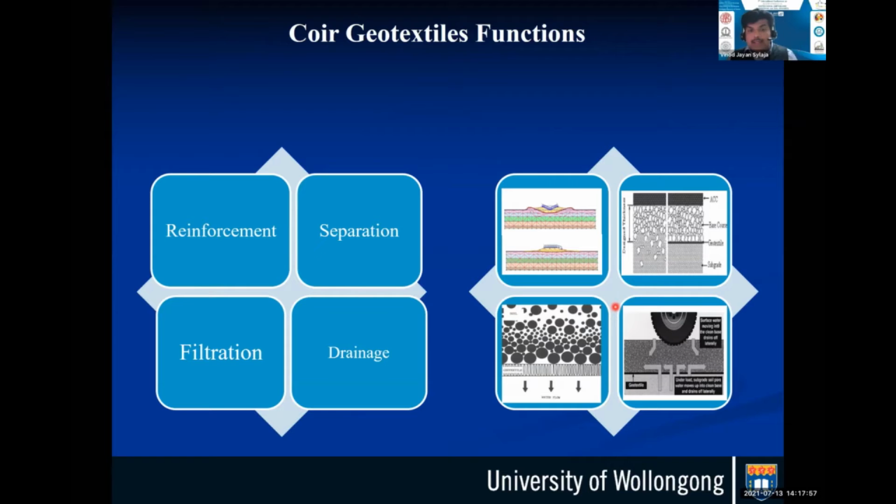You can see that the major function is exactly same as that of the geosynthetic material, like reinforcement. It acts as a reinforcement, it acts as separation, it has filtration, it can be used as drainage. Now you can see it also performs exactly similar to the geosynthetic material. So only thing is that the biodegradability of the material needs to be considered in all these approaches.